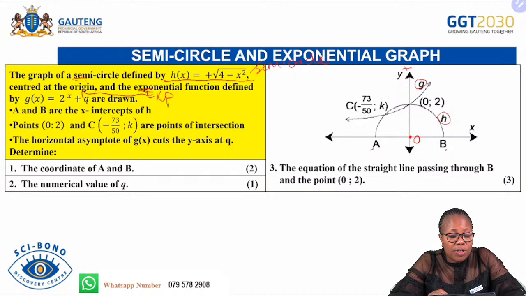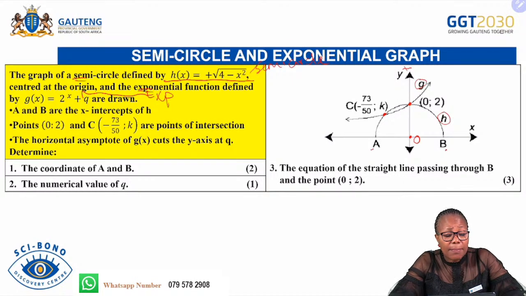And then we have points 0 and 2, and C, minus 73 over 15k. Those are the points of intersection of the two graphs. As you can see now, grade 12, it is where the two graphs are intersecting. And then the horizontal asymptote of g at x cuts the y-axis at q.